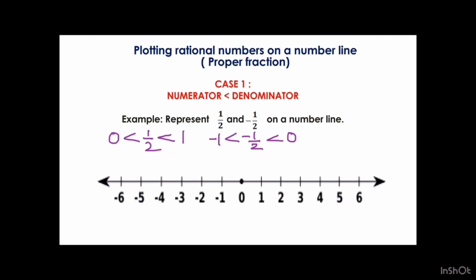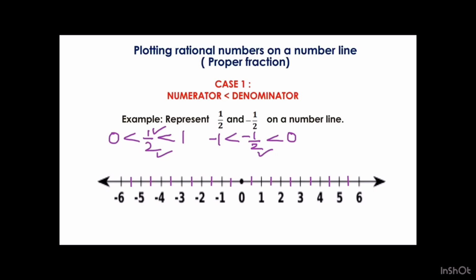Since the denominator is 2, now we are going to divide each unit into 2 equal parts in this way. And the numerator tells us number of parts away from 0.